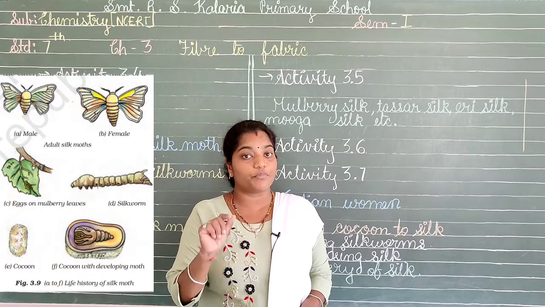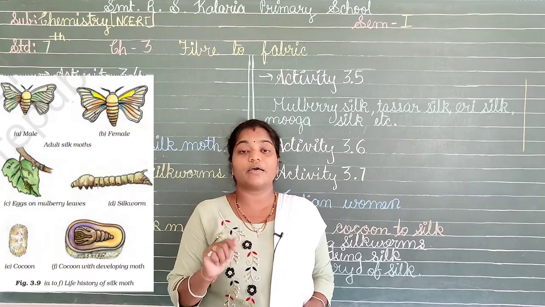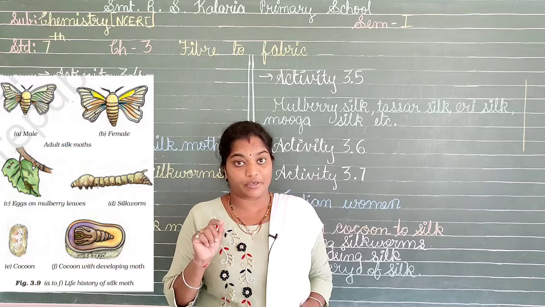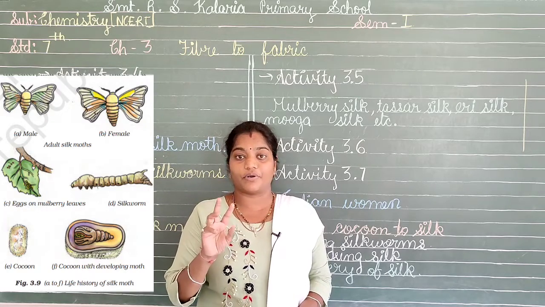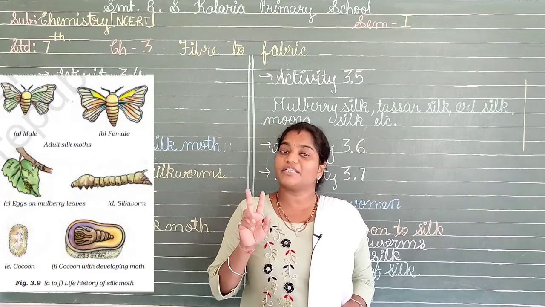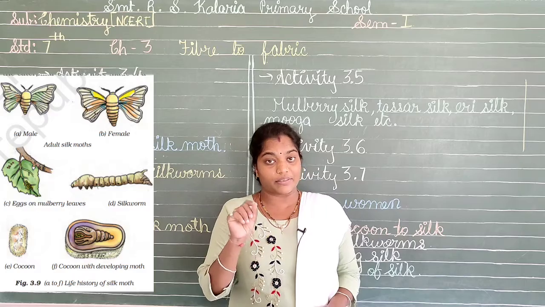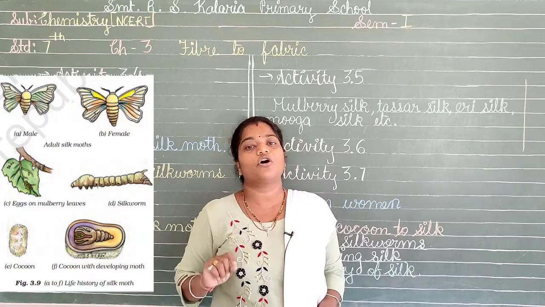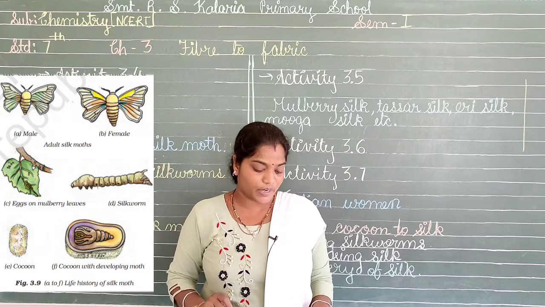Now when we burn pure wool, the same thing appears, the smell of hair burning, because it is a protein again. So when the original ones burn, they smell like hair, but if it smells like burning paper, then it is artificial silk or artificial wool. So this is what activity 3.6 is asking us.